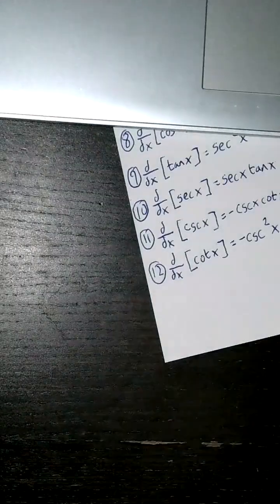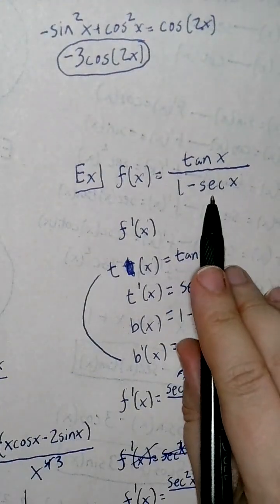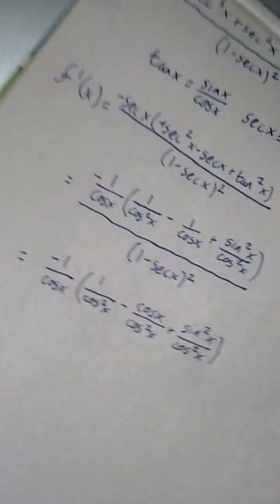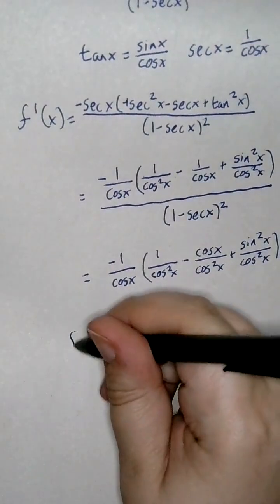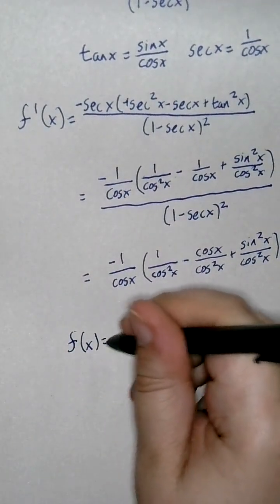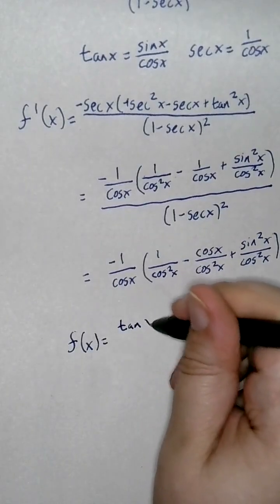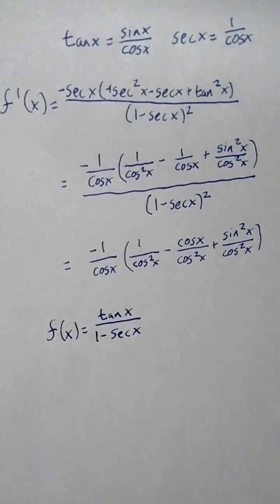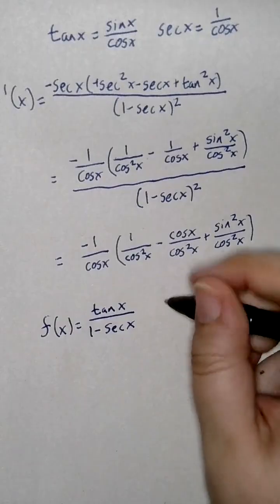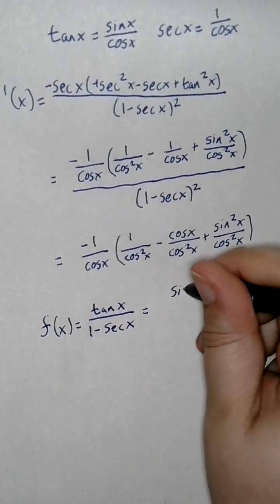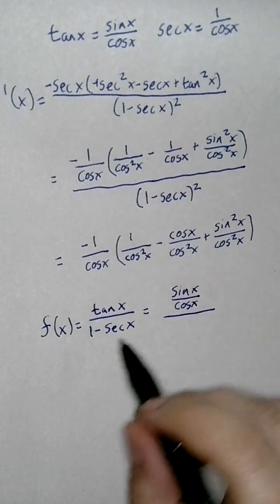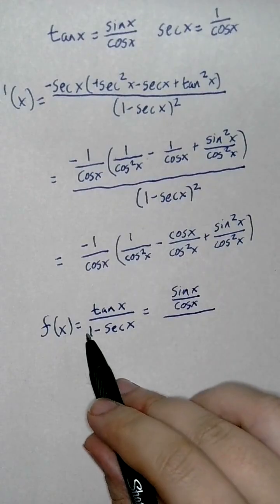What if I went back here and tried to simplify that to start? So let's see what happens if I do that. Go back to the original problem. 1 minus secant. So tan is sine over cosine. So this is sine x over cosine x divided by, in order for this, I need a common denominator.